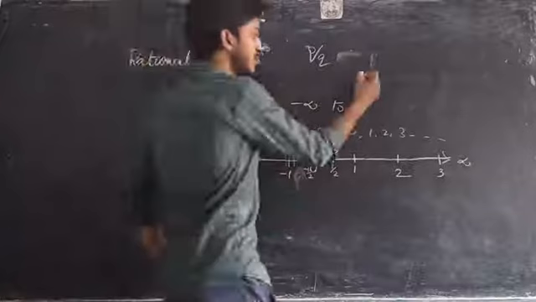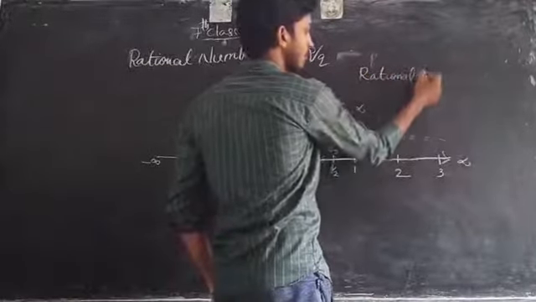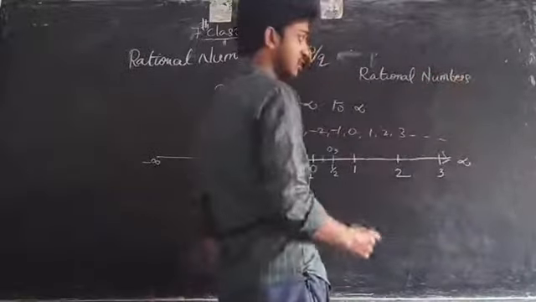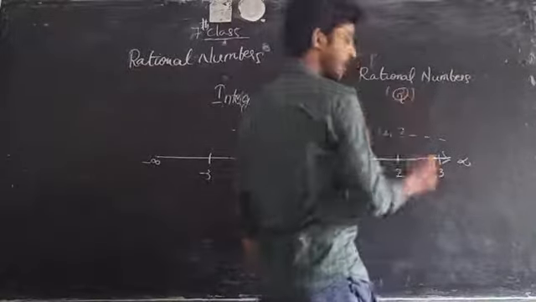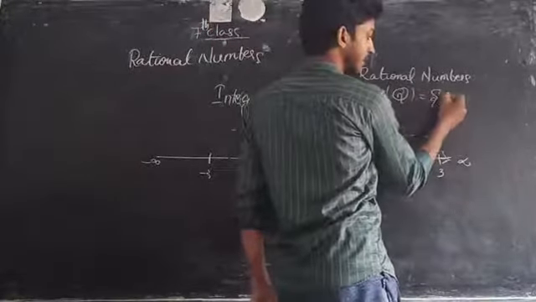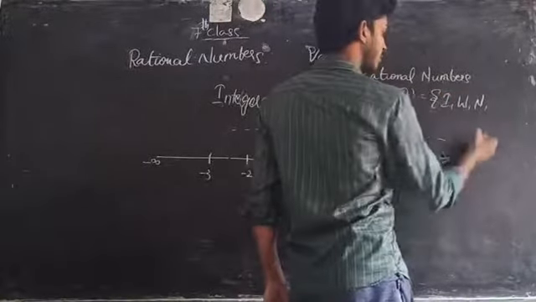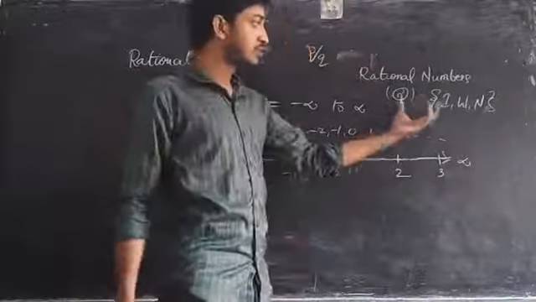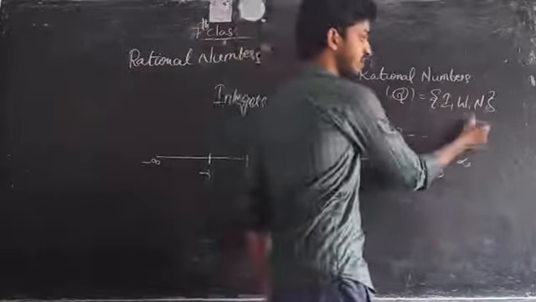Rational numbers are denoted by the letter Q, and they include integers, whole numbers, natural numbers, and also the numbers which are in the form of p by q.